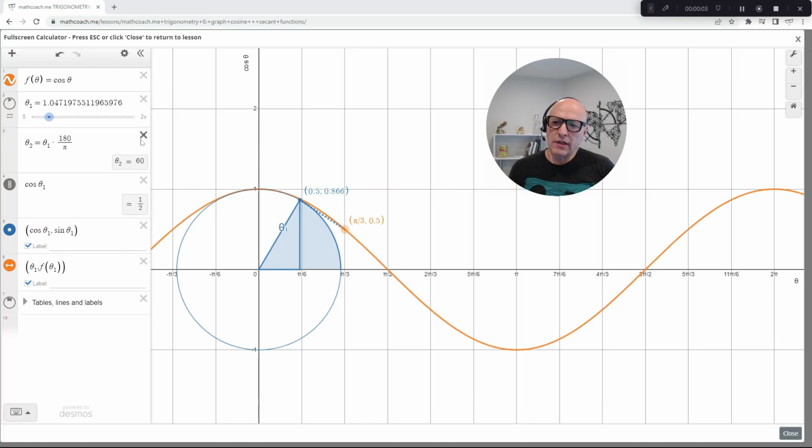So in this Desmos calculator, I have my cos function, f of theta equals cos of theta. That's this one in orange. And I also have it labeled here.